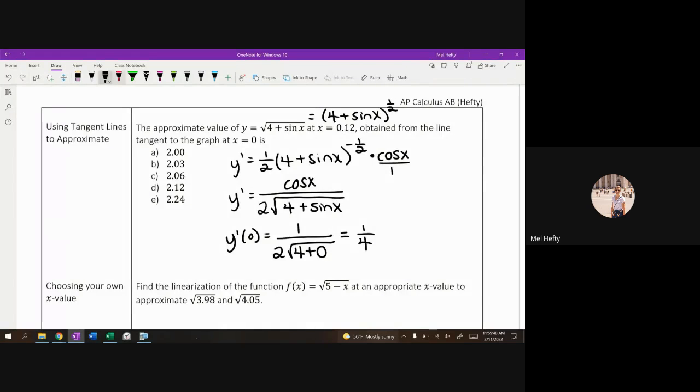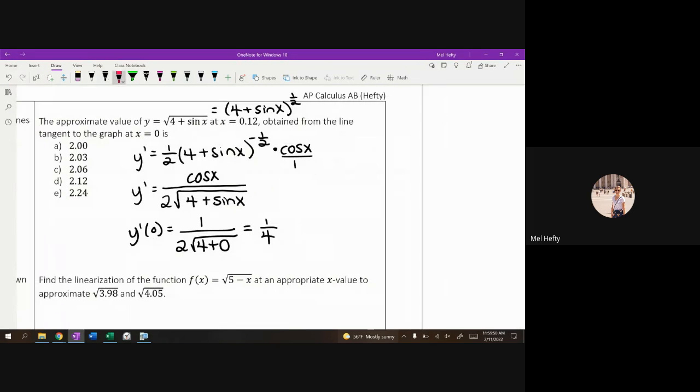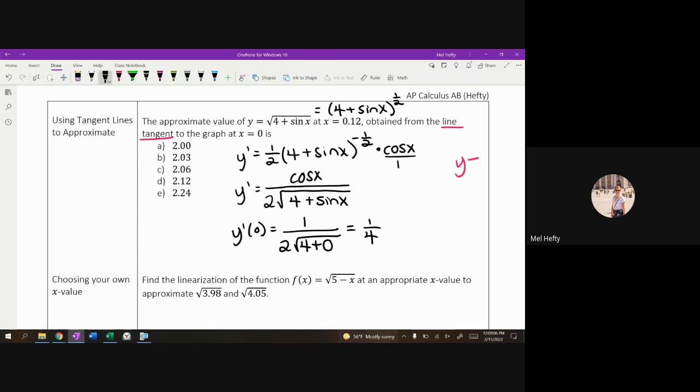Absolutely. All right, so I would love to write a tangent line because I haven't done that yet, and it said the tangent line in the question. So I'm going to do y minus, what's my y value? Oh, okay. So I need to plug in 0 to that.